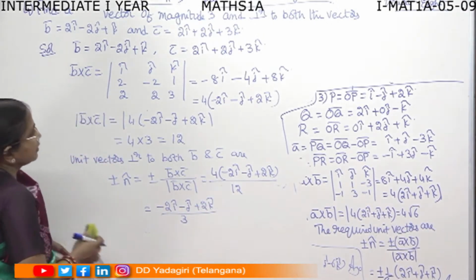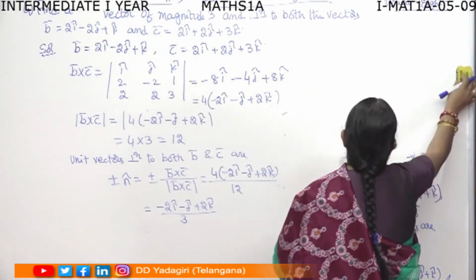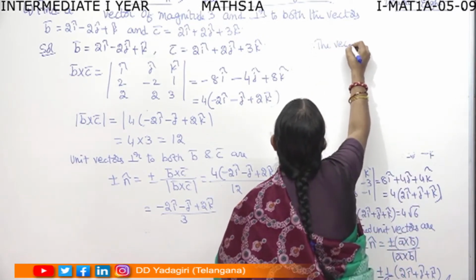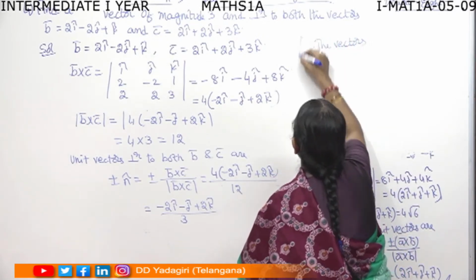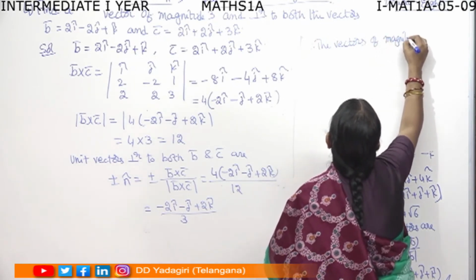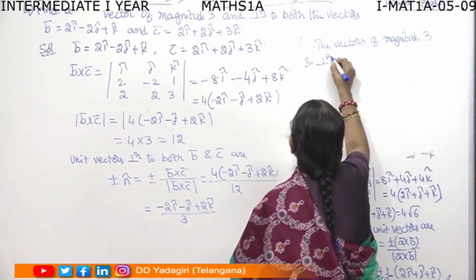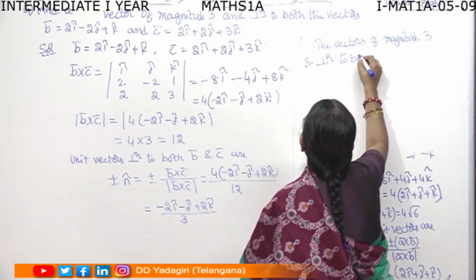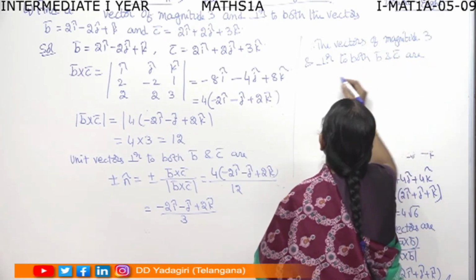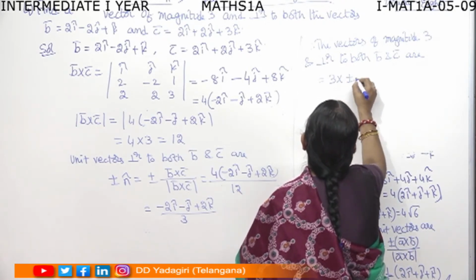Now we'll write. Therefore the vectors of magnitude 3 and perpendicular to both b and c are equal to 3 into plus or minus n cap.